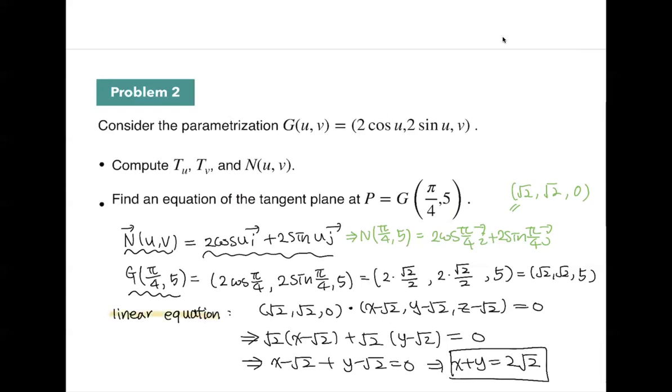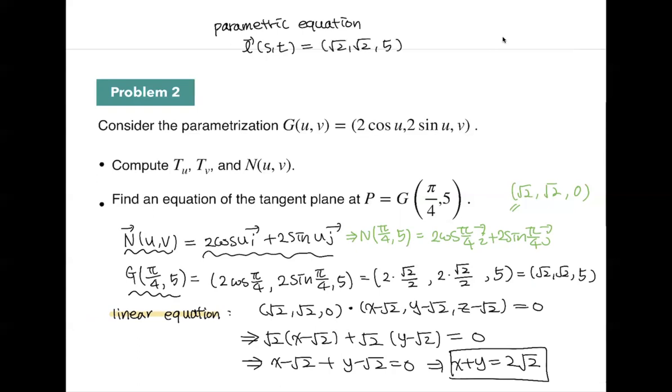Since this is the linear equation, let's find the parametric equation of the tangent plane. It will be given by s and t, and one point was root 2, root 2, 5.